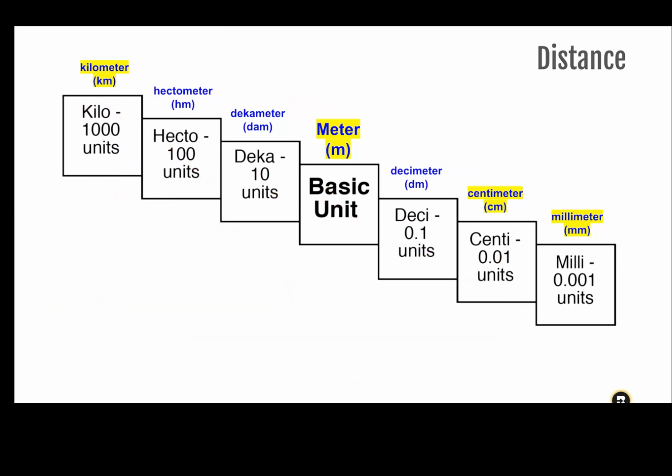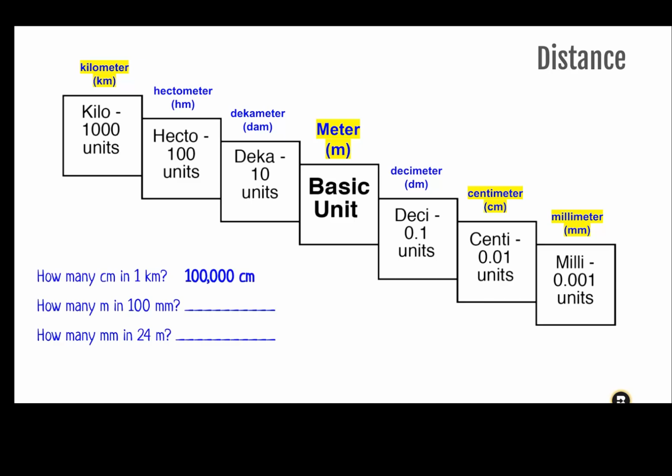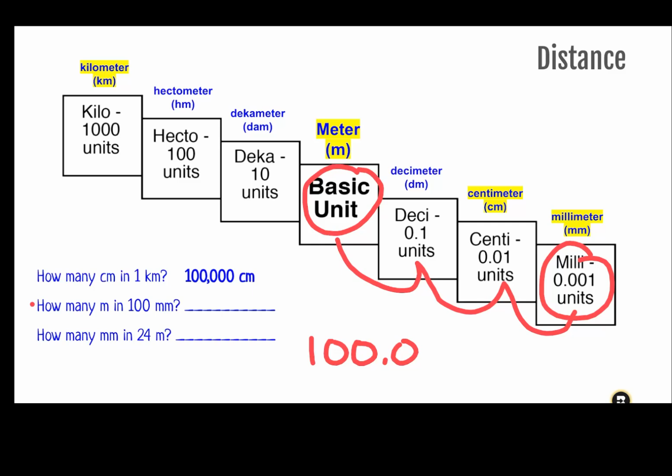So let's do another one here. How many meters in 100 millimeters? I'm starting here and I want to go to here, so I write out my 100, which has the decimal point there. The organizer tells us that I need to hop 1, 2, 3 places to the left. So 1, 2, 3, which means there's a decimal here. The answer is 0.1.